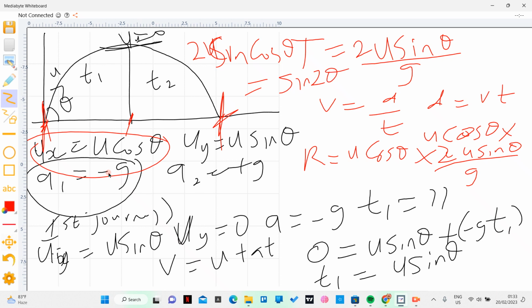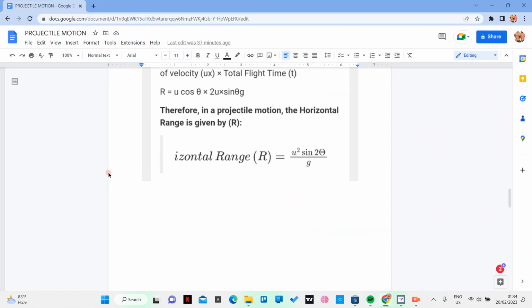So you're going to replace that in this equation so that you have your range to now be equal to u sine 2 theta all over g. This is your formula for calculating your range.